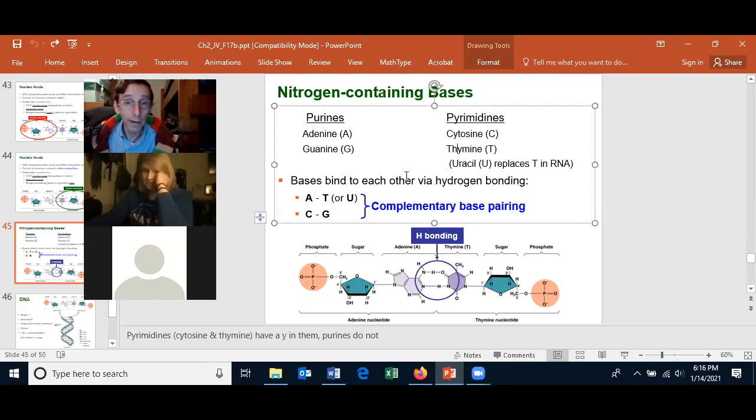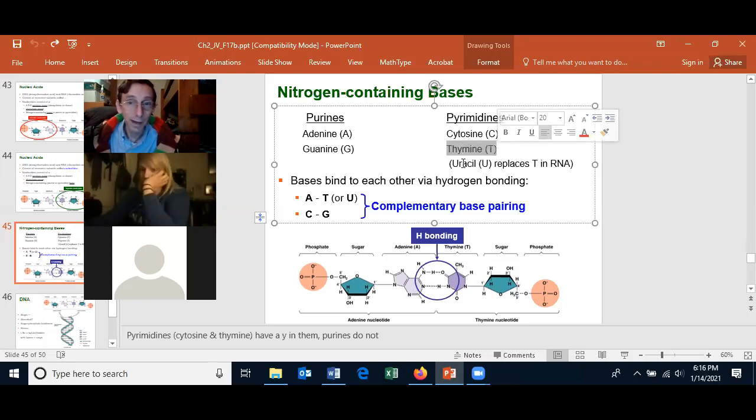Now for RNA, we have adenine, guanine, and cytosine, but we do not have thymine. In RNA, uracil replaces thymine. And uracil is a pyrimidine. The way to remember that is that in RNA, you don't have thymine.